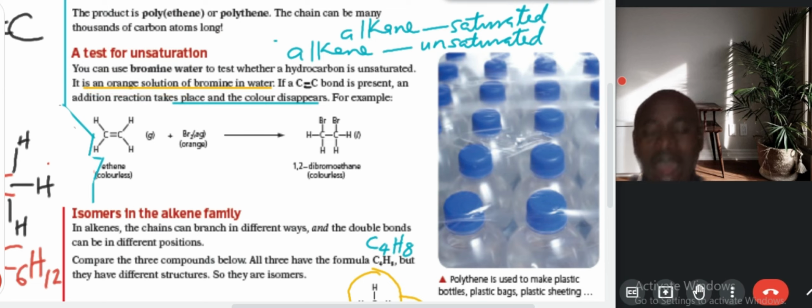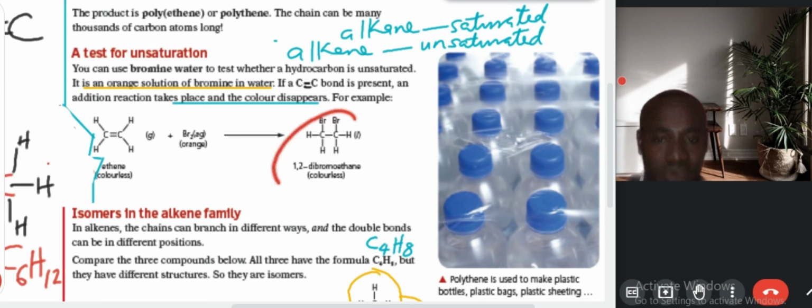So when you add alkenes to bromine water, there will be a reaction, and the reaction will produce a color change. In fact, the orange color of the bromine water will disappear.